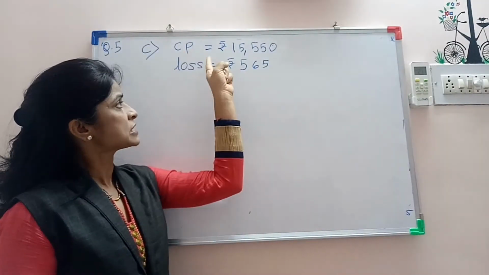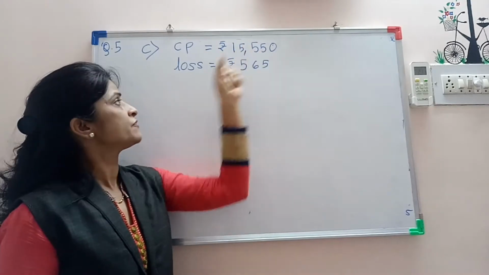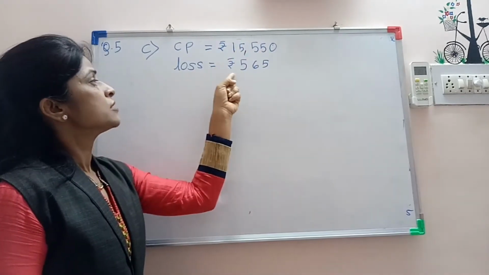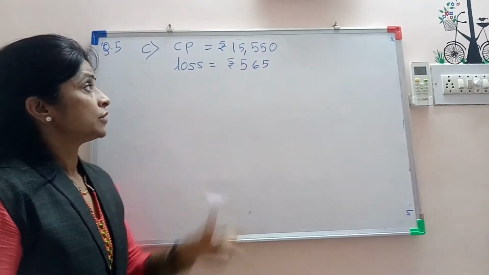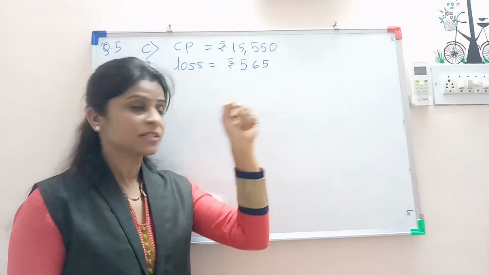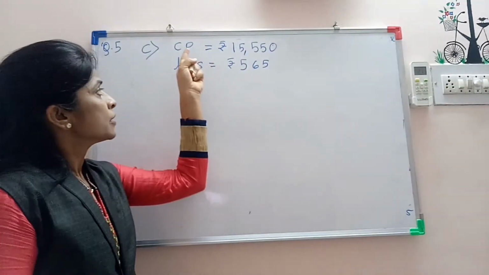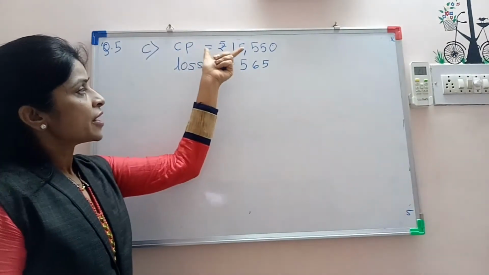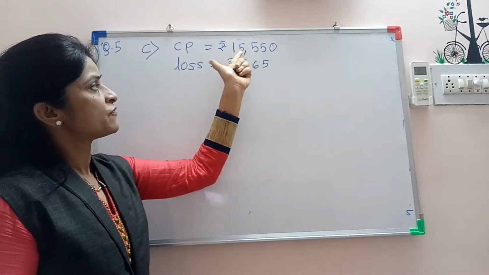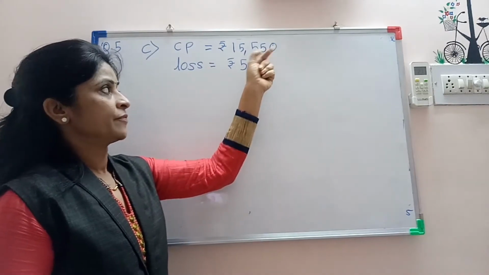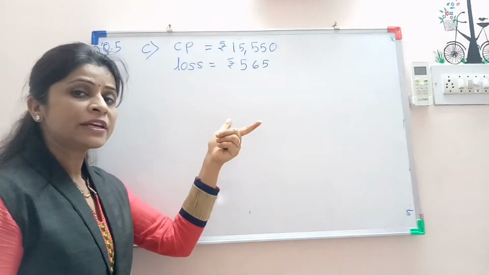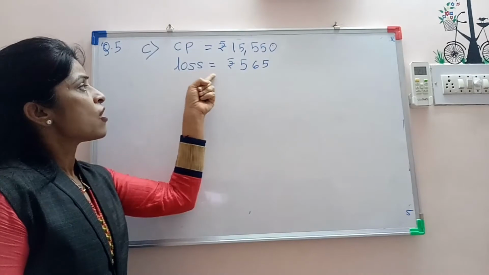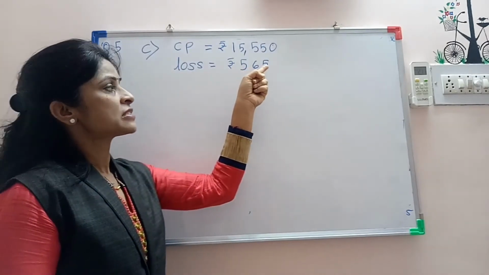Here cost price is given rupees 15,550 and loss rupees 565. Now we'll imagine one example over here, that Ram bought a refrigerator at rupees 15,550 and he sold it at a loss of rupees 565.